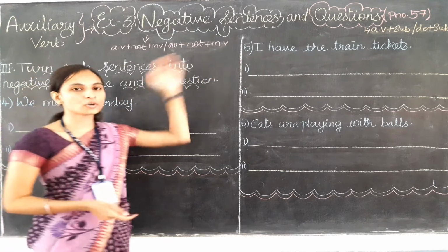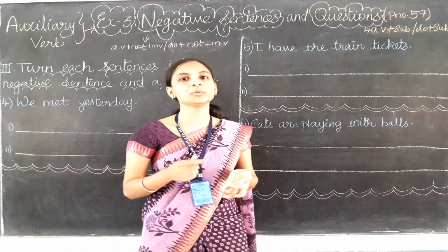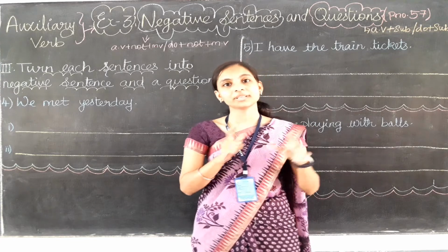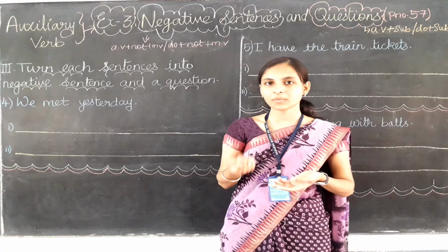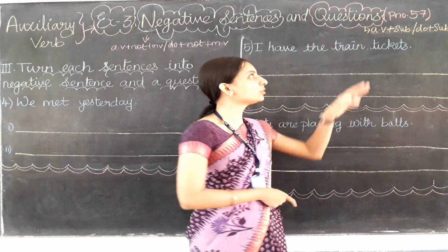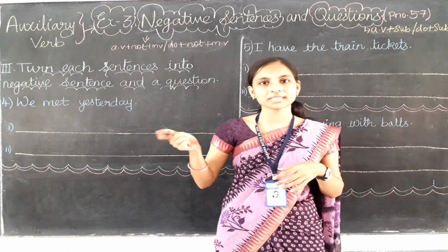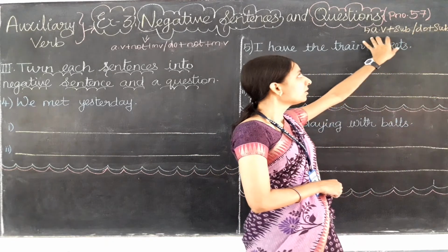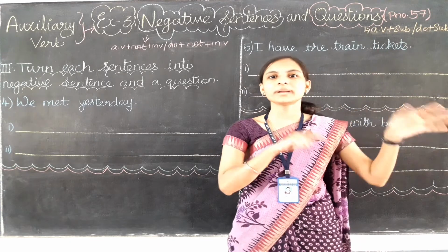So what about the question? How to make a question? For making the question, you also need to check whether this sentence contains the auxiliary verb with the main verb. If yes, you need to follow this rule: you write the auxiliary verb first, then the subject, and then the main verb and all other things.